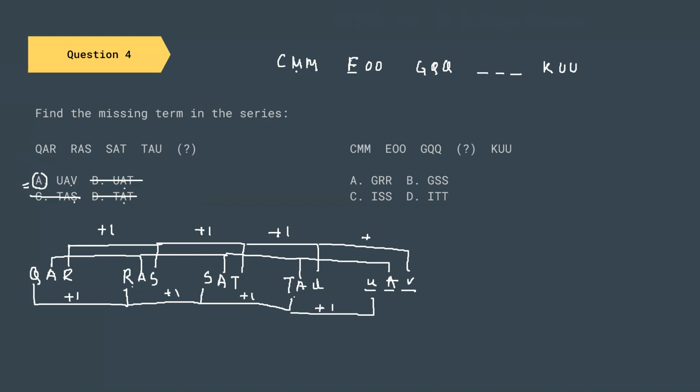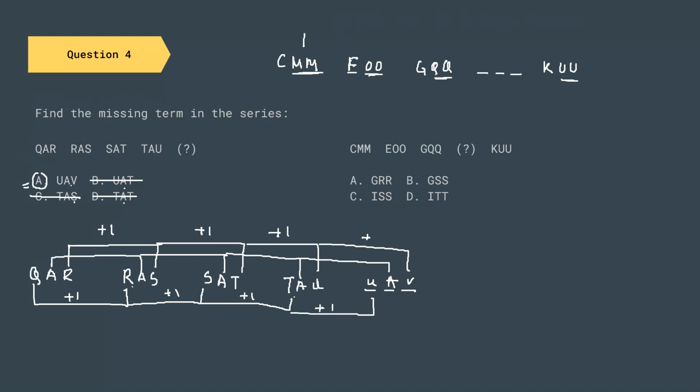Now, we can see that the second letter is repeating twice in every word. And in the options also, you can see that the second and third letters are the same in each. So we cannot eliminate any options right now. Now let us look into how we can generate this.